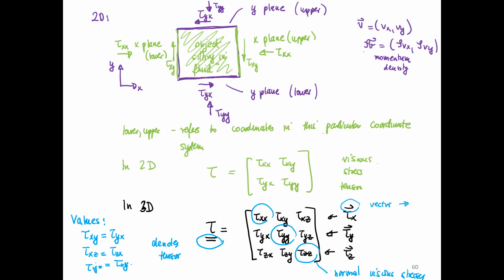So we say that this matrix is symmetric, or stress is described by a symmetric stress tensor. A tensor is an object, something much more than just a matrix, but we think about it in 3D as a matrix.